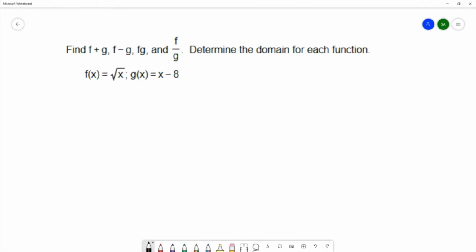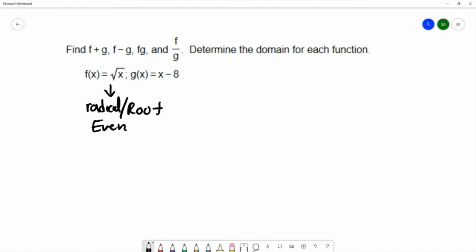The function f of x equals square root of x is a radical function, or sometimes called root function. And this is a square root, which means it's an even root. So with even roots, we want to have what's underneath the radical to be positive or 0.